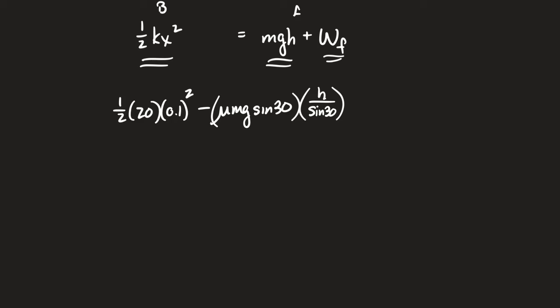Right? Isn't that what L is? And that has to equal mgh. Now, once you get h, you still have to find that new length. But this is how it's done.